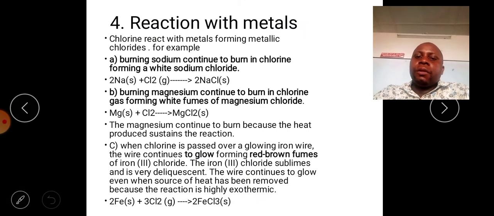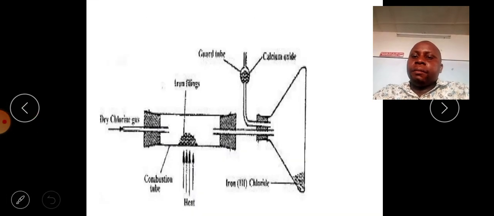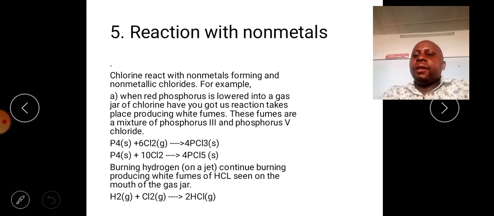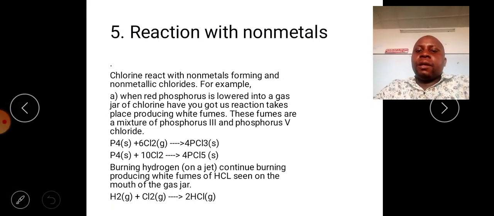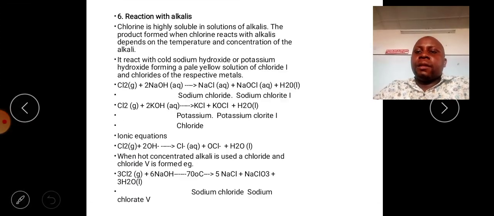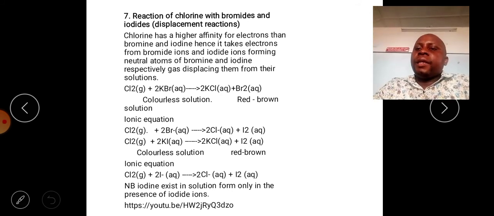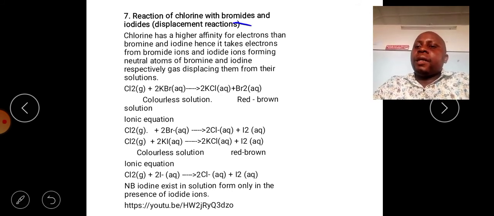Good. So we are saying here that chlorine reacts with other halides, that is bromides and iodides, and it displaces them.